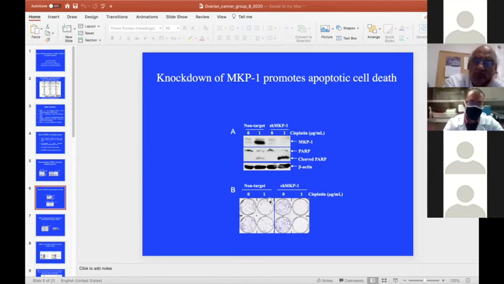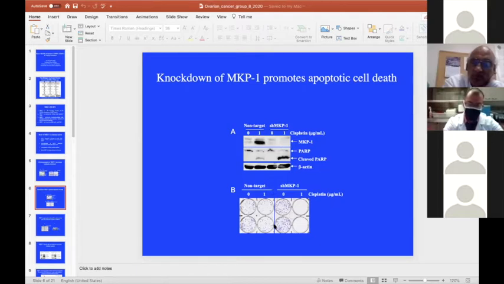Then we asked the question the other way around. We took an ovarian cancer line, knocked down MKP1 by shRNA, and looked at what happened when we treated with cisplatin. We also show that MKP1 can be induced by cisplatin. Here we knocked down MKP1, which could not be induced by cisplatin. In cells where MKP1 is knocked down, we can increase PARP cleavage induced by cisplatin, but it's not as obvious as in the control cells.